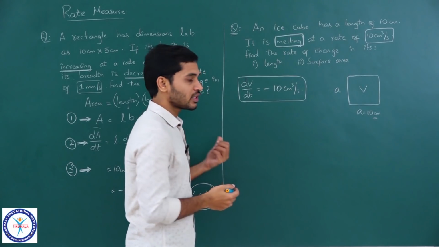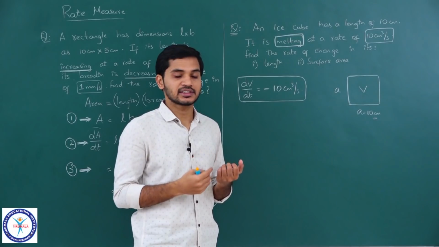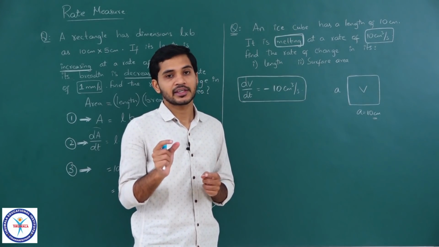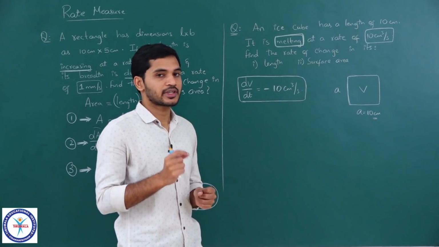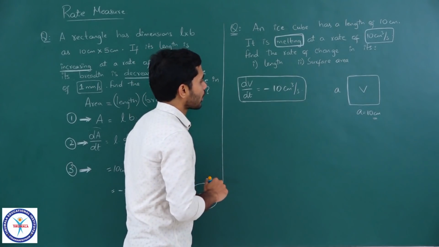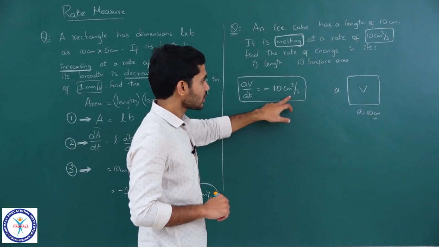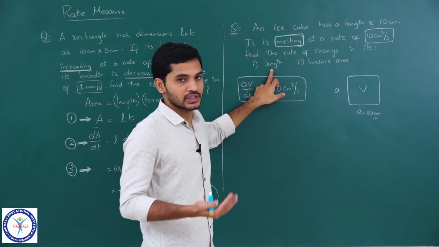These are the information which you will have to look for, clear. Sometimes they will be giving you that the length is increasing or length is decreasing. So based on increasing or decreasing, you will have to take the signs properly. So looking after those signs is also very important, clear. So we know the volume rate here. They are asking us to find out the rate at which its length changes.